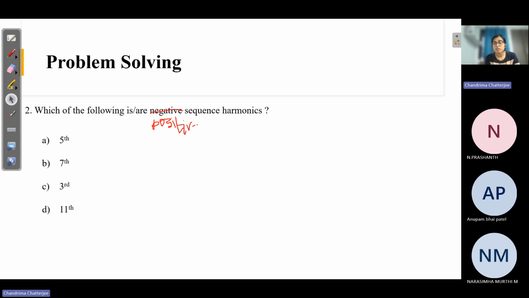Now, fifth and 11th, they are negative sequence harmonics, so we can delete them. The remaining are seventh and third. Now, if you consider third harmonic, you will see that VA will be simply Vm sine 3 omega t.